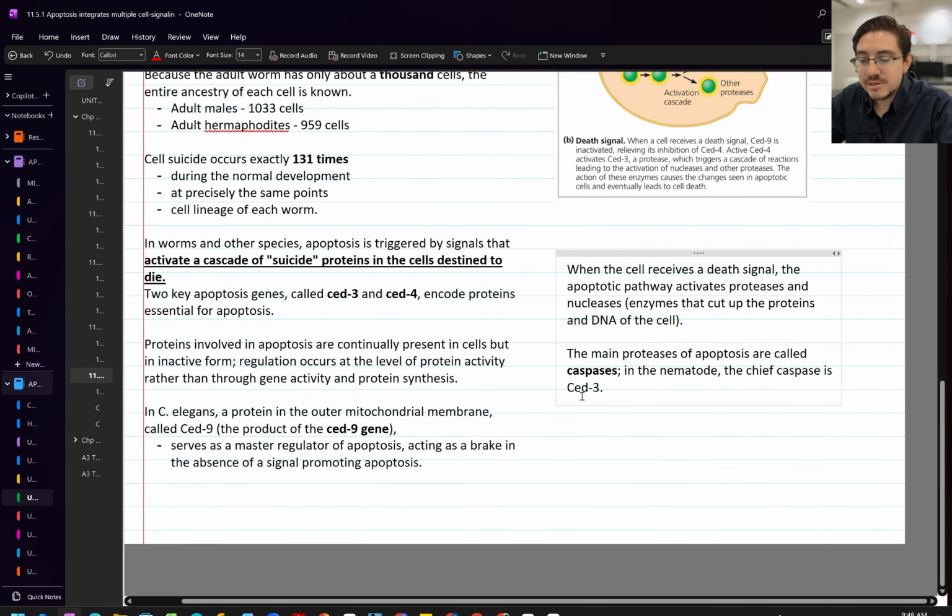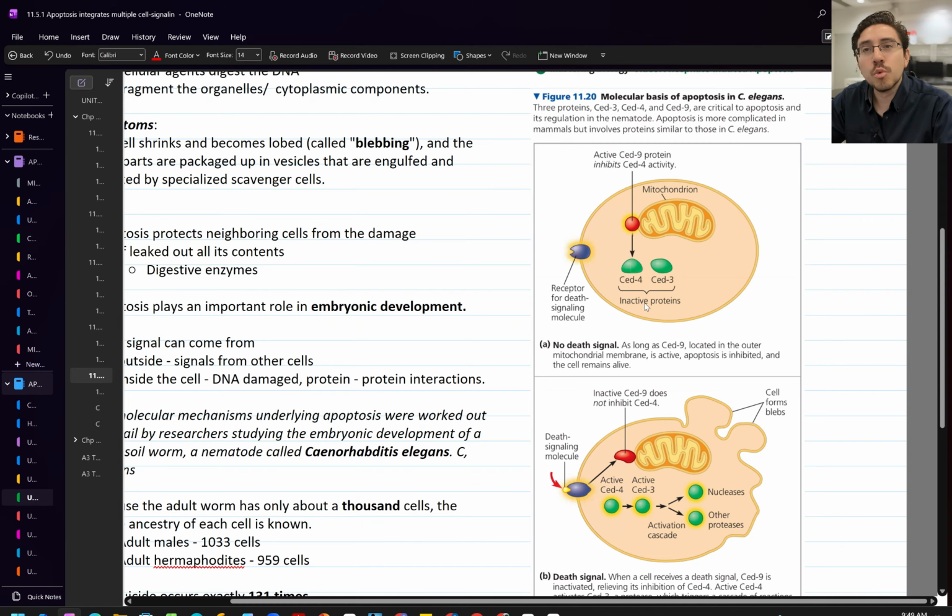Now, just to show you what I was referring to. In terms of no death signal, you have active CED9 protein. It will inhibit CED4, so there's no caspase work occurring, so there's no digestion occurring.